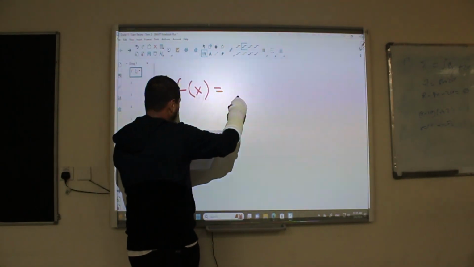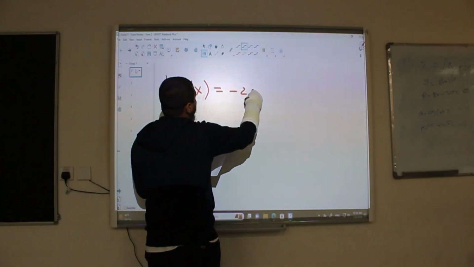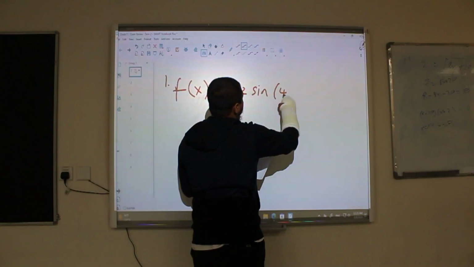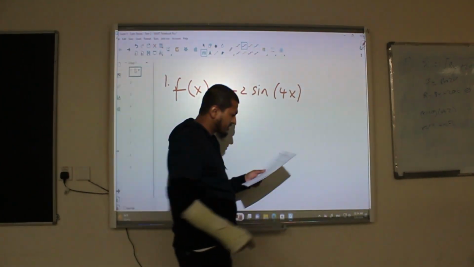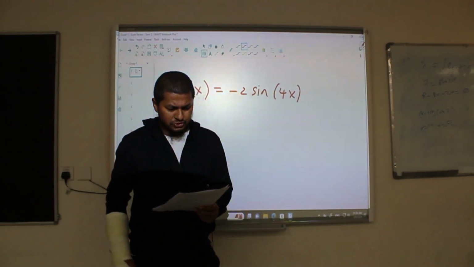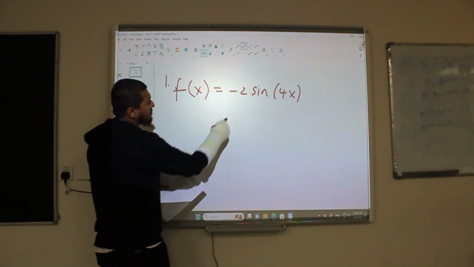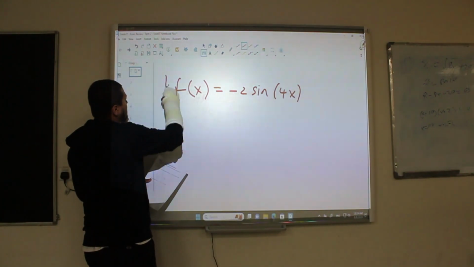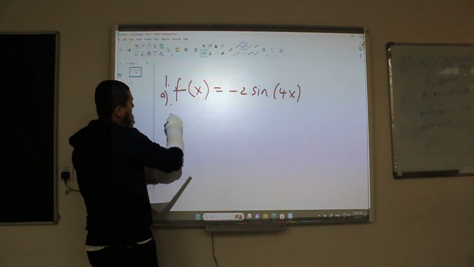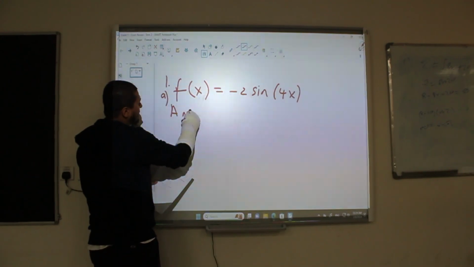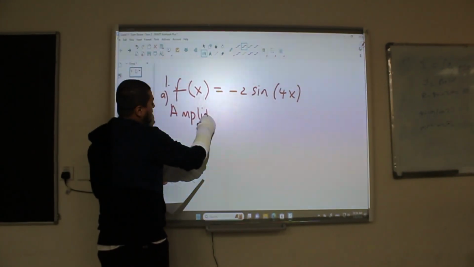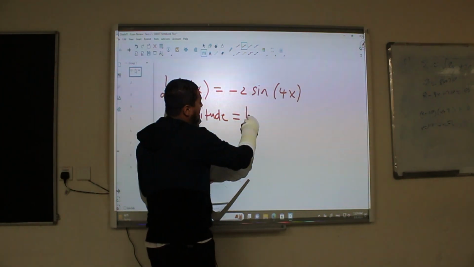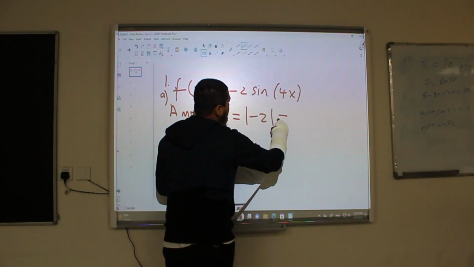To find the amplitude, we take the absolute value of the number in front, which is negative 2. So the amplitude is equal to the absolute value of negative 2, which is equal to 2.